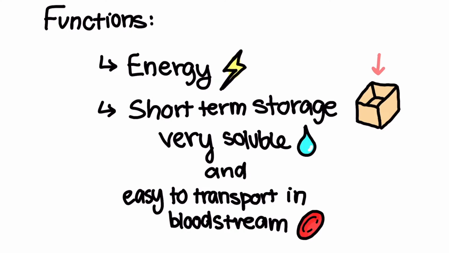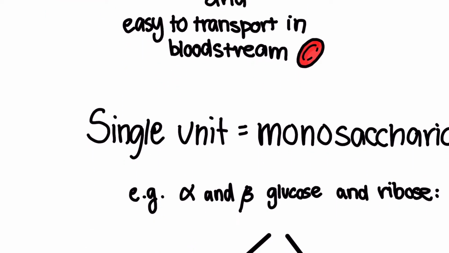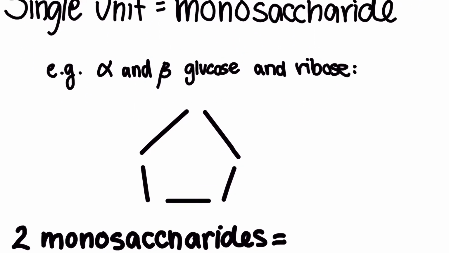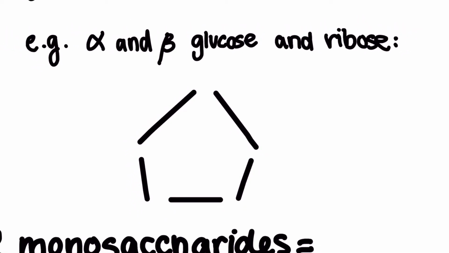Single units of carbohydrates are called monosaccharides, mono meaning one and saccharide being the general term for carbohydrates. This includes alpha and beta glucose and ribose, which is another type of monosaccharide, has a slightly different structure. Here it's actually a pentagonal structure as opposed to glucose's hexagonal structure.